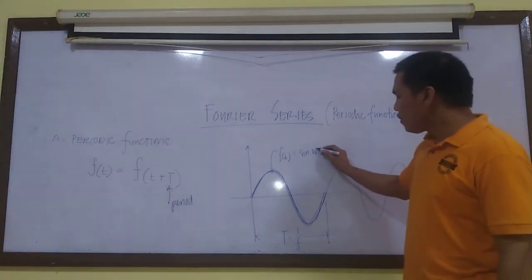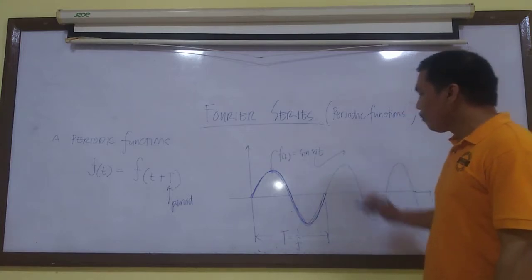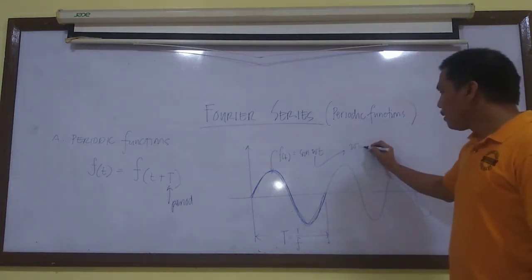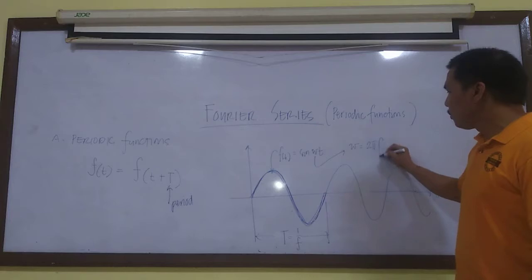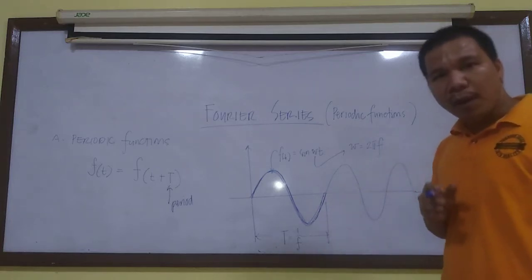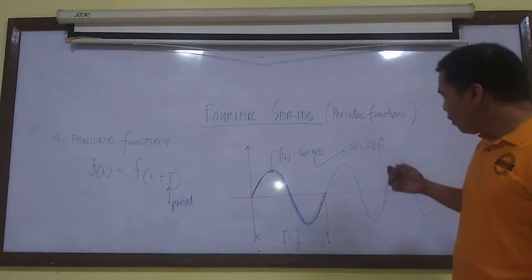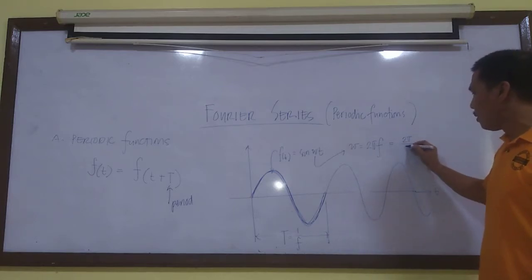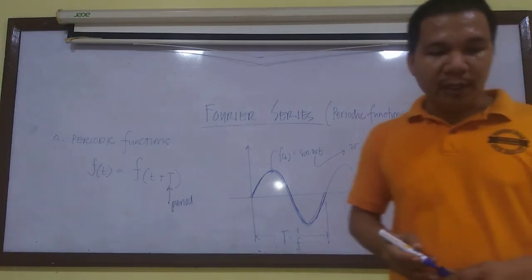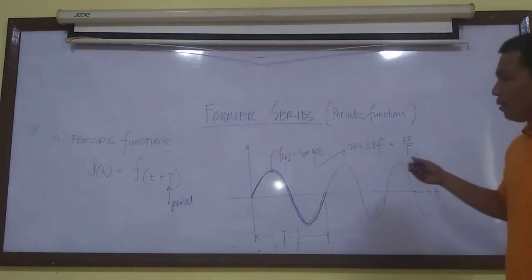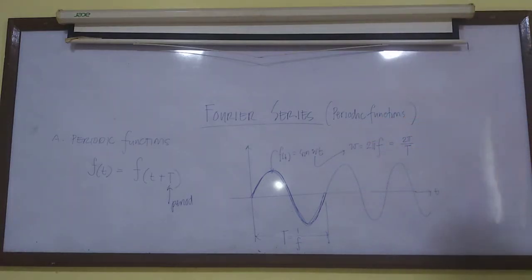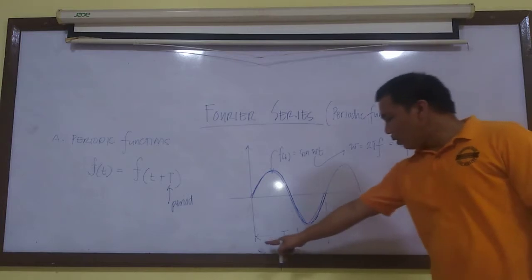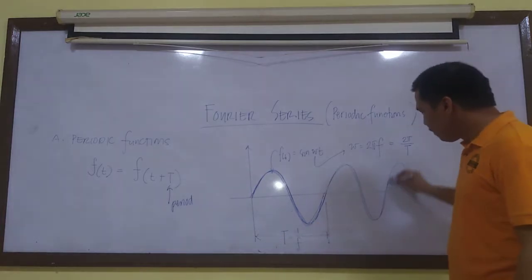This radian frequency omega is equal to 2 pi times the frequency, or in terms of period, 2 pi over your period T. That's how you label your radian frequency. Take note, this is one period and another period is here.